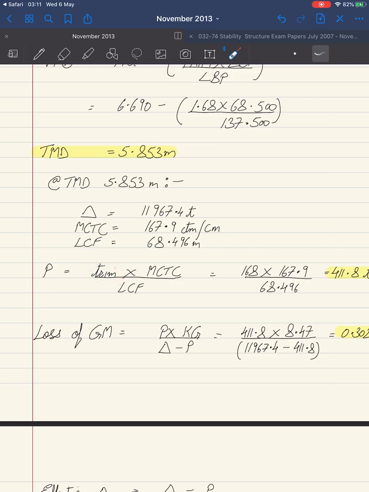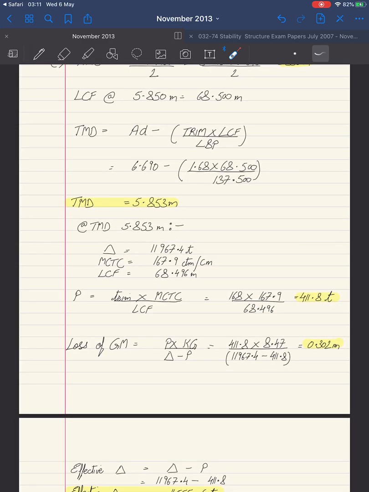When we put in the values, we got trim equals 168 centimeters. The MCTC was 167.9, and LCF was 68.496. We get an answer of 411.8 tons. This is equal to the P force, or we can say the virtual loss of weight.